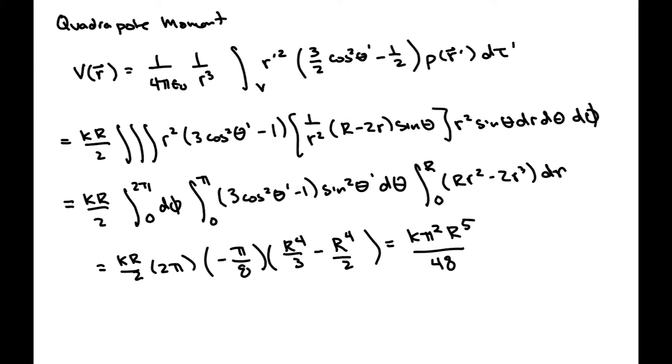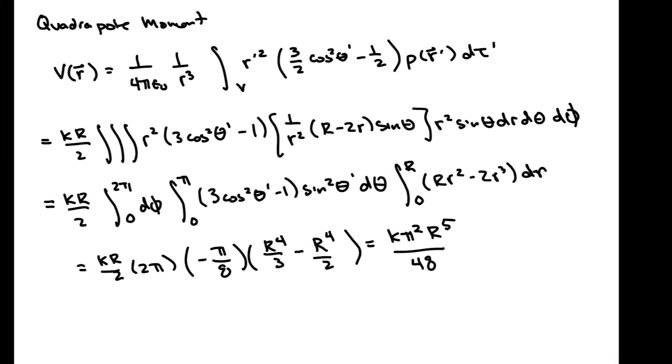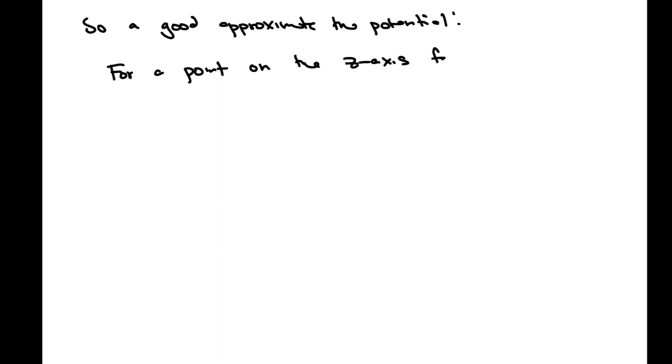Okay, so if I wanted to approximate the potential, I can do it just using that first non-zero term, which would be the quadrupole term. So for a point on the z-axis far from the sphere, remember all of those terms that are higher order than the quadrupole term are going to be even smaller.